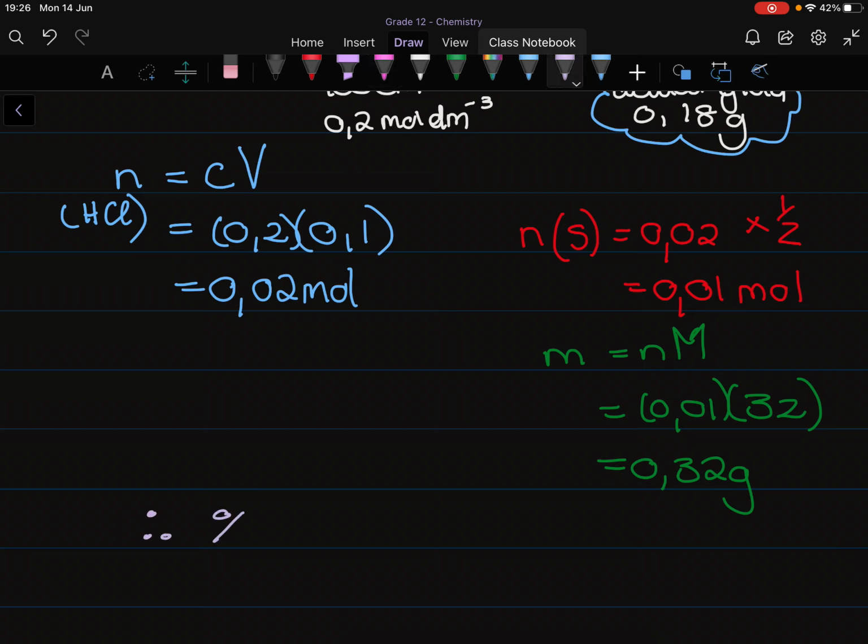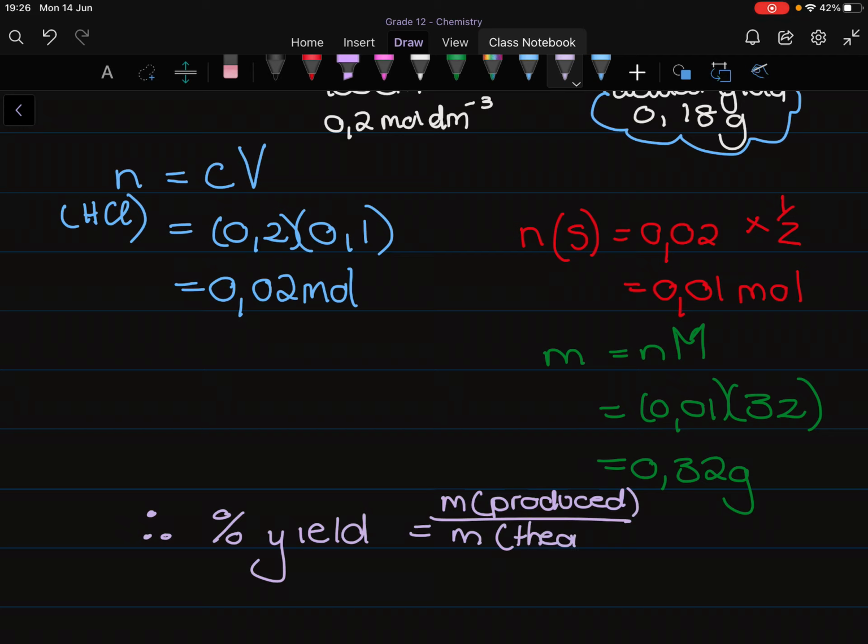There we go. So, my percentage yield is my mass produced, so that's what I actually got, over the mass theoretically that I should have got, times by 100.